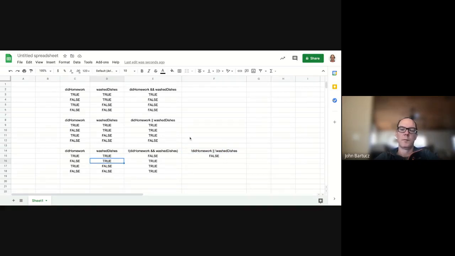So true or false is still true, because as long as one of them is true, the whole thing is true. Same thing here. Not true is false, not false is true, false or true is still true, as long as one of them is true. Same here. Not false is true, not false is true, true or true is true. So you can see that these two things, you end up with exactly the same truth table.